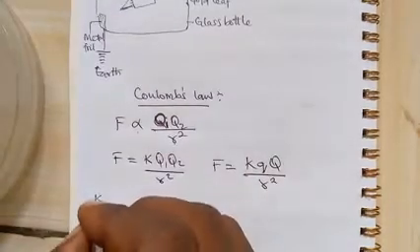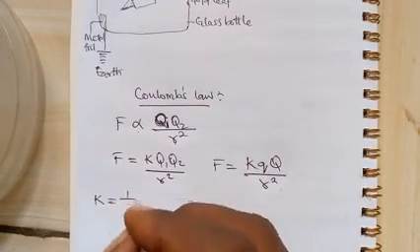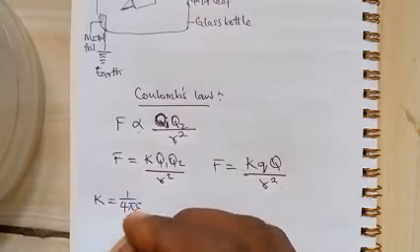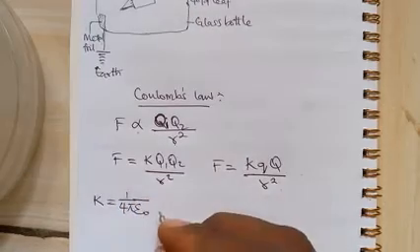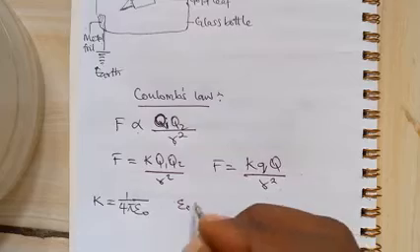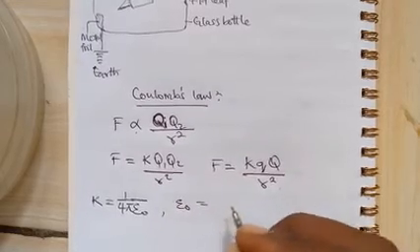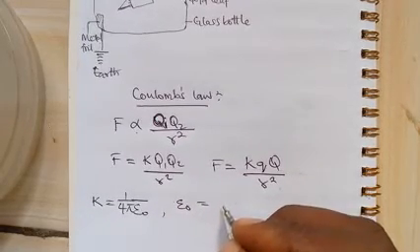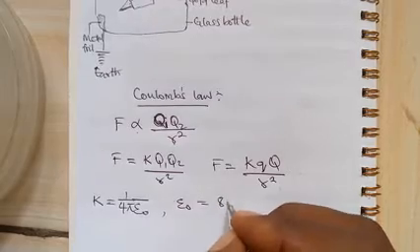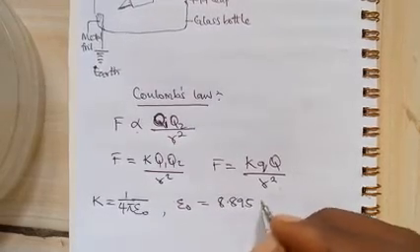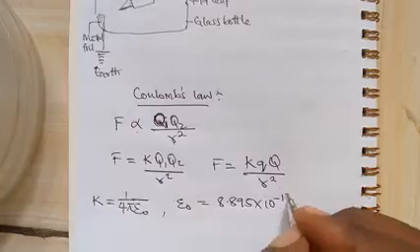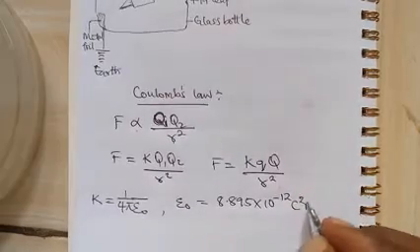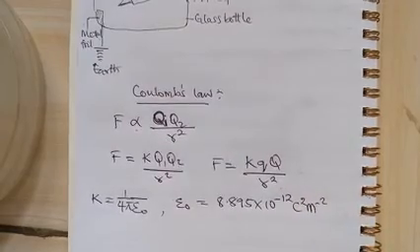Now this constant K is 1 over 4 pi epsilon naught, while epsilon naught is called the permittivity of free space, and it has a value of 8.85 times 10 raised to the power minus 12 coulomb squared per newton meter squared.